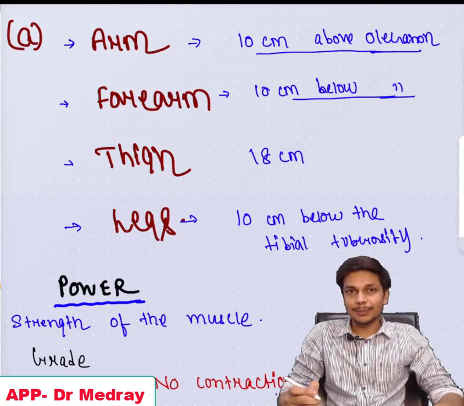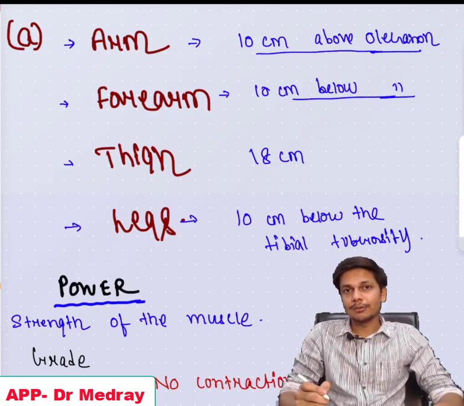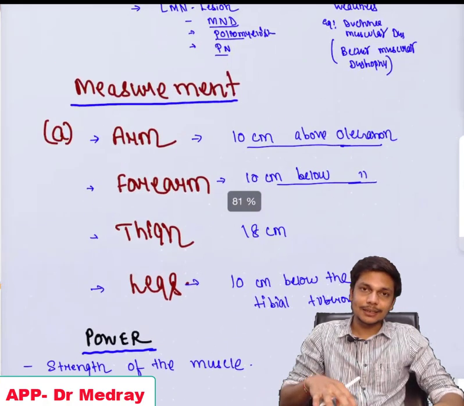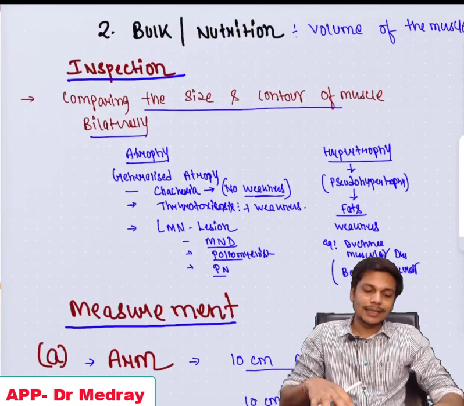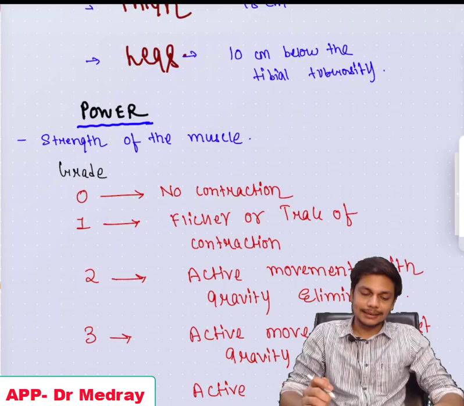And if there is any discrepancy, then we can say that there is wasting on that particular side. Usually a discrepancy of 1 centimeter in the non-dominant limb and 2 centimeter in the dominant limb is taken into consideration for wasting, or atrophy, while looking at the bulk of the muscle in a neurological disease.